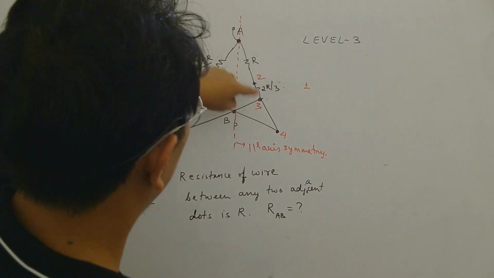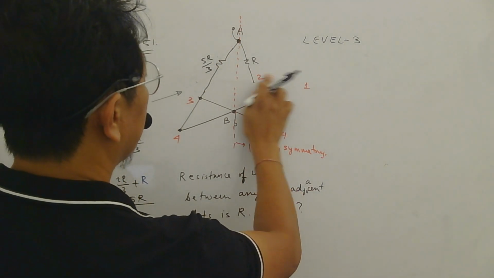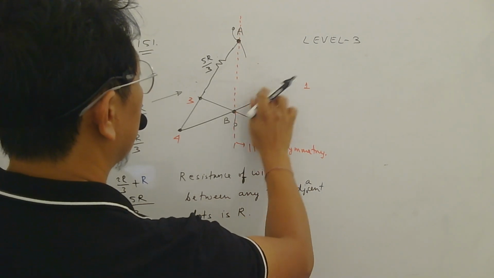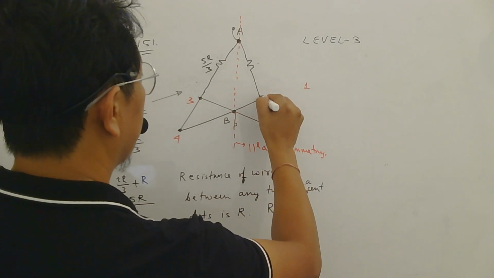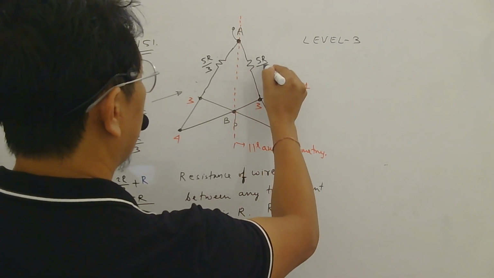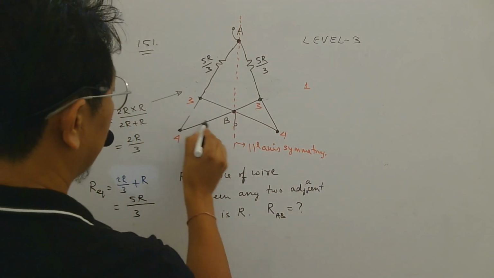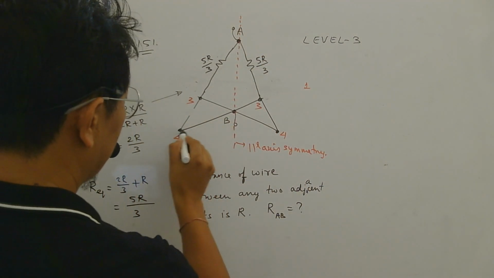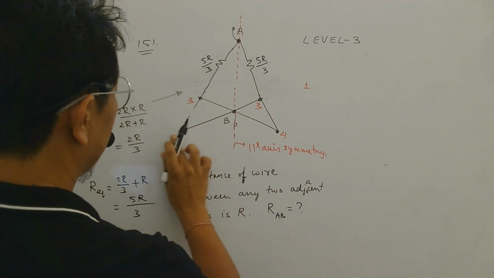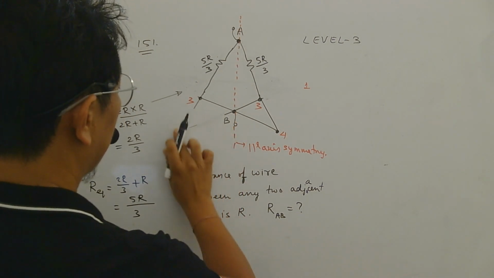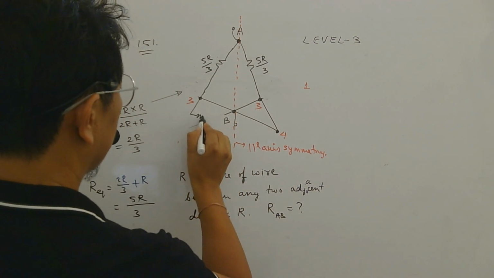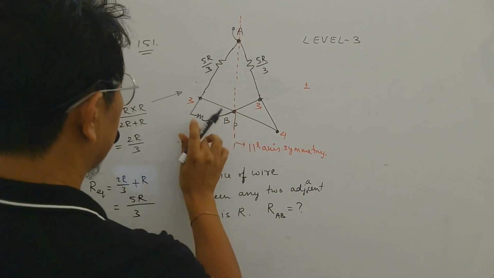Similarly, between this A and 3, you can replace these two resistors by 5R by 3. Remember, this is also R, this is also R, and again you can see these two are in series. So you can replace these two by single resistance. How much?